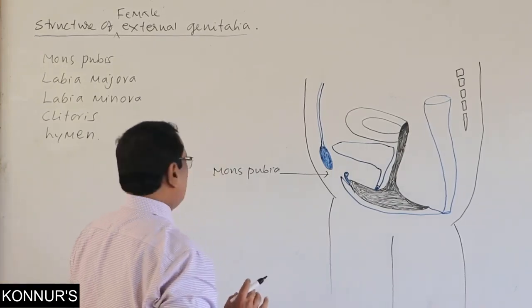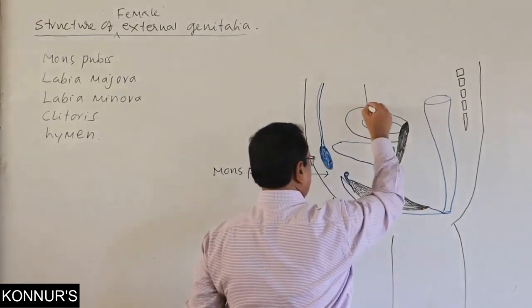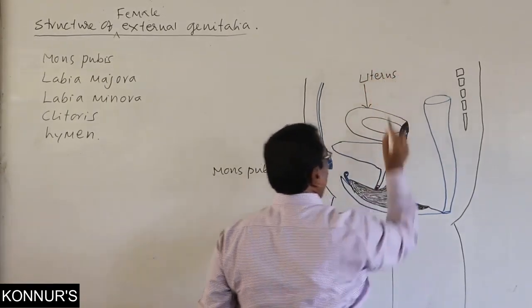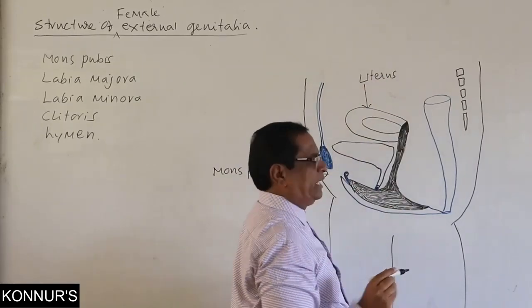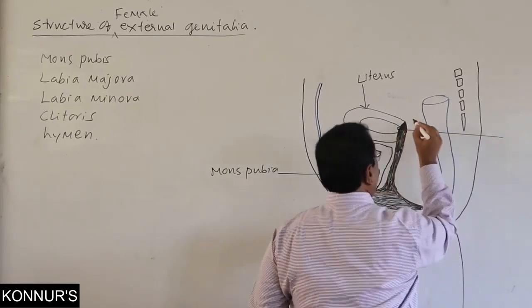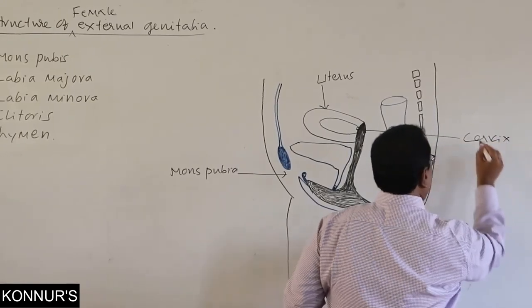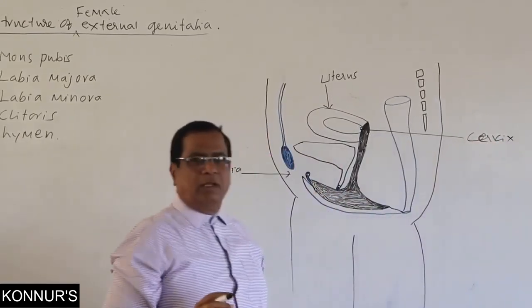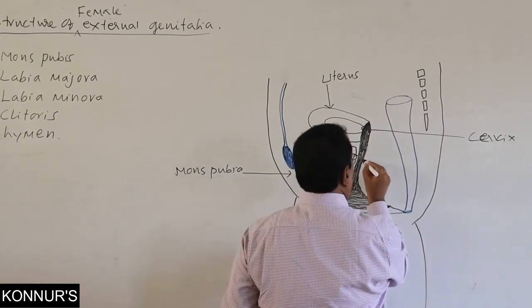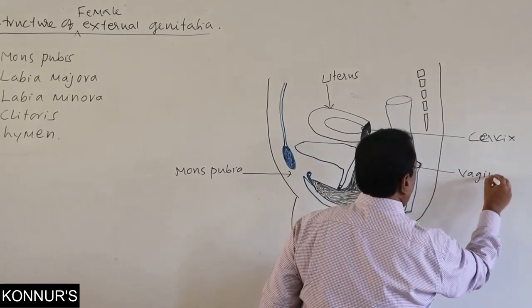And here we can notice this is the uterus, and the opening of this uterus is the cervix, and this uterus leads into a tubular vagina.